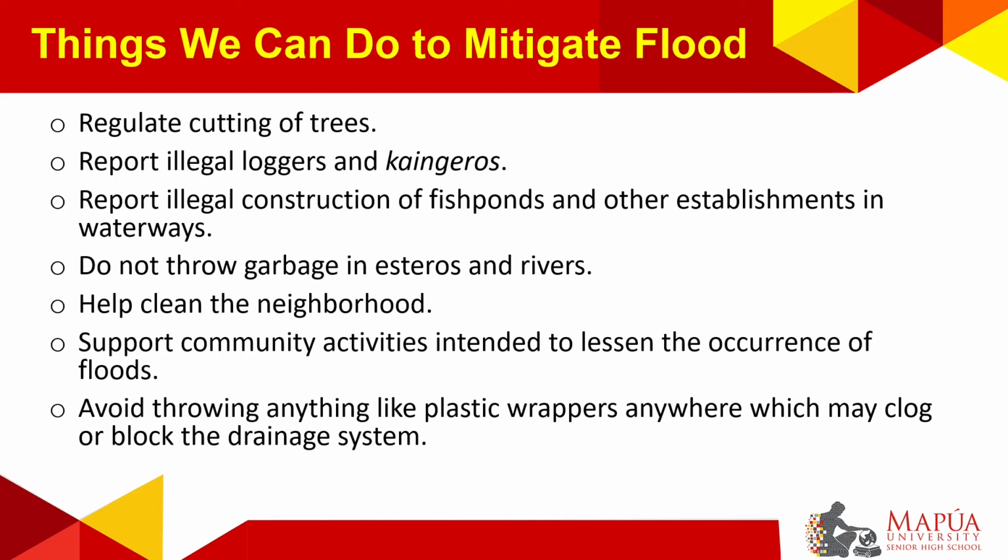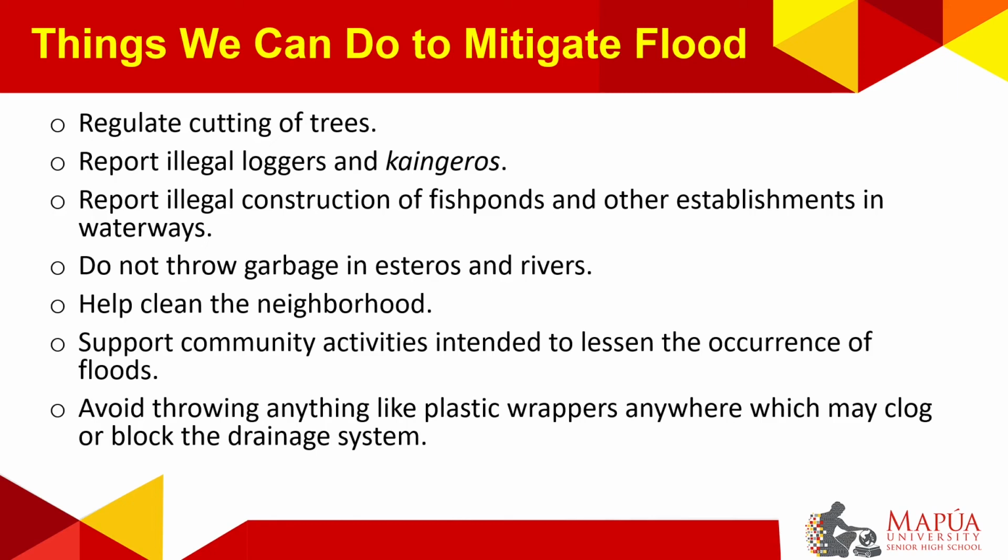Report illegal loggers and kaingeros. Report illegal construction of fish ponds and other establishments in waterways. Do not throw garbage in esteros and rivers. Help clean the neighborhood. Again, the capacity of the drainage system is what contributes to urban flooding.